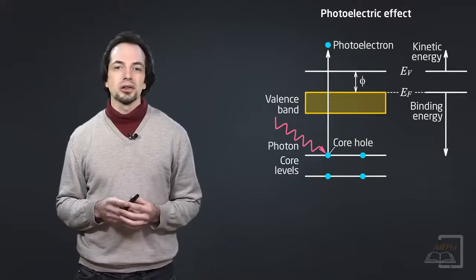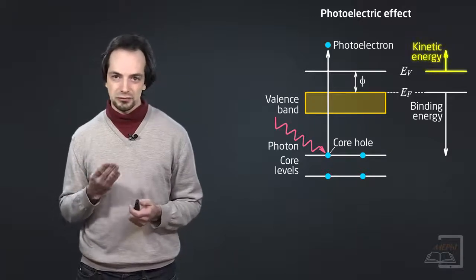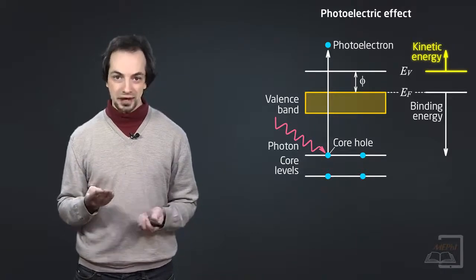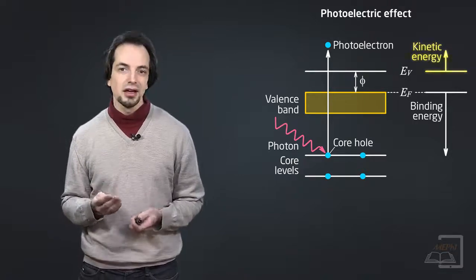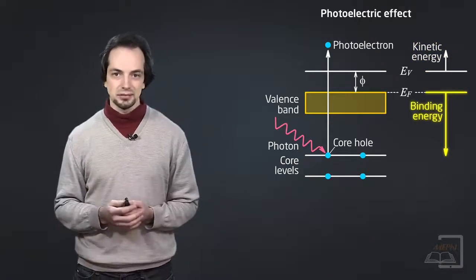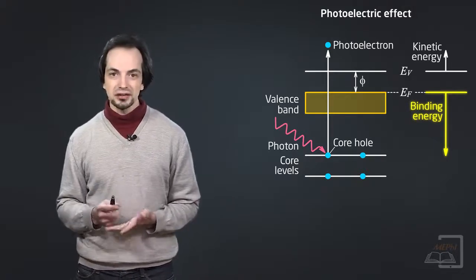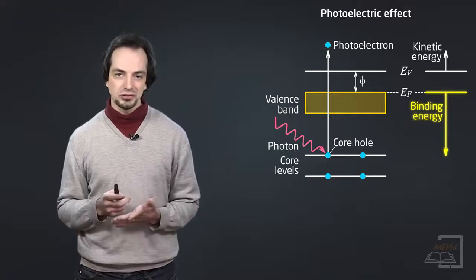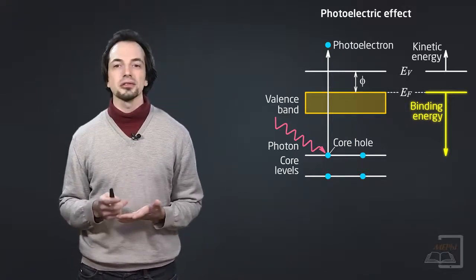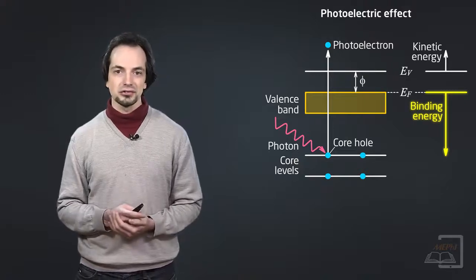And this energy will hold the information about two things: about the energy of the primary X-ray irradiation, which we may know if we know the source, and the binding energy of that particular electron. If the X-ray radiation is monochromatic, we know the energy, and we could mathematically calculate the binding energy of that electron.